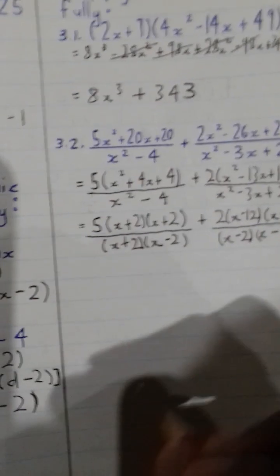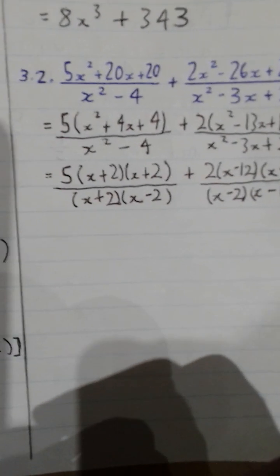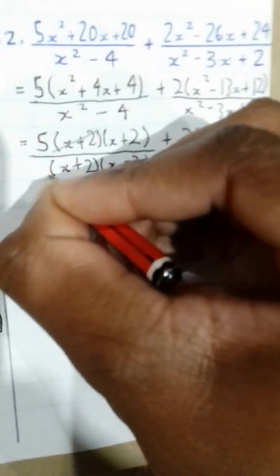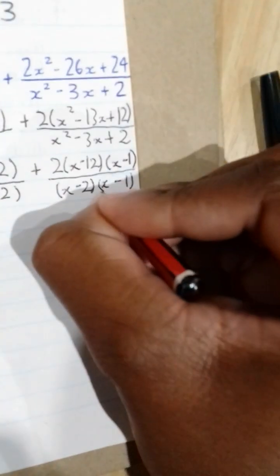Now we cancel the ones that are repeating in the numerator and the denominator. In the first, x plus 2, x plus 2. In the second, x minus, my mistake, x minus 1, x minus 1.